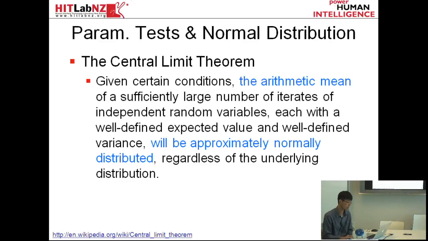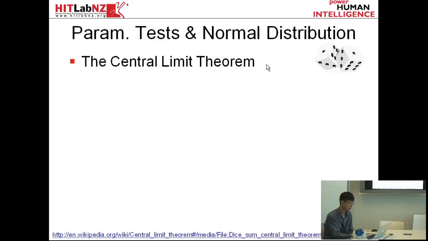That's a theorem that one of the mathematicians came up with. I don't know who it was. But the reason this theorem is important in parametric test is that most parametric tests are based on the assumption that regardless of the distribution of your samples, if you take the mean value of them, the mean value will follow the normal distribution.